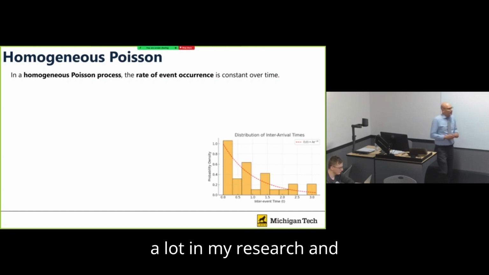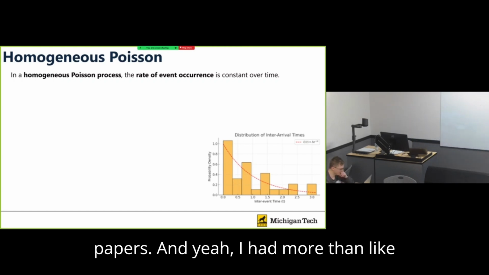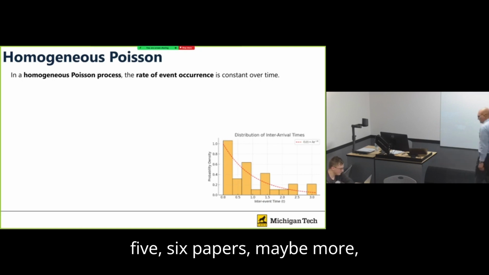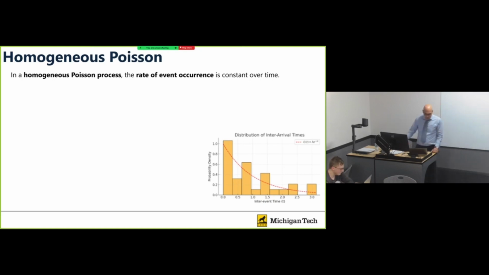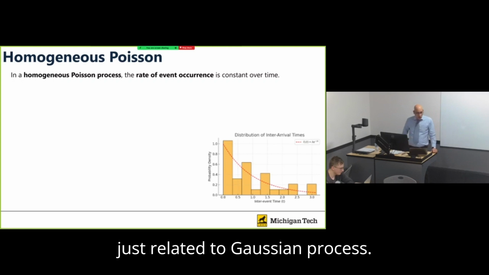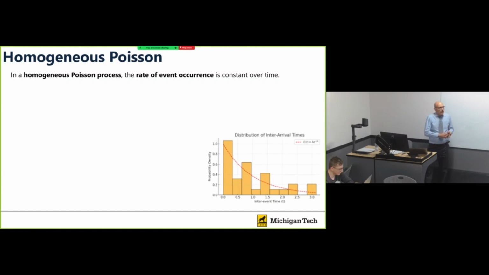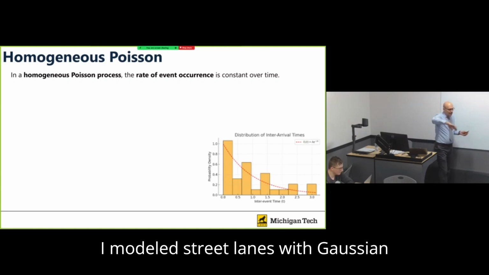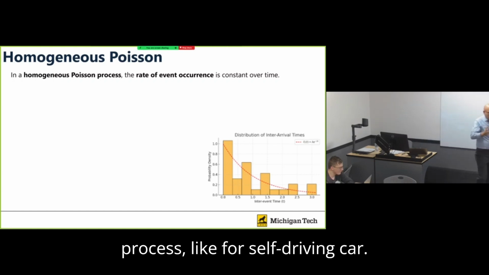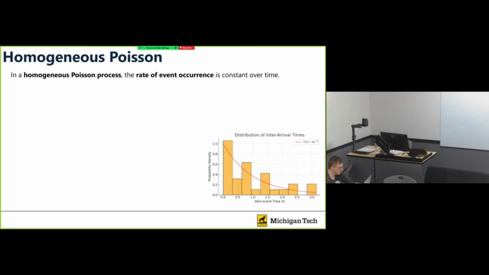I use Gaussian process a lot in my research and papers. I had more than 5-6 papers, maybe more, just related to Gaussian process, because you can model everything. I even modeled street lanes with Gaussian process, for self-driving cars.